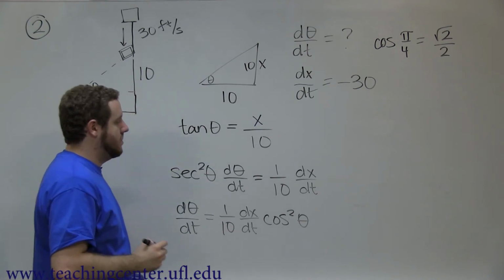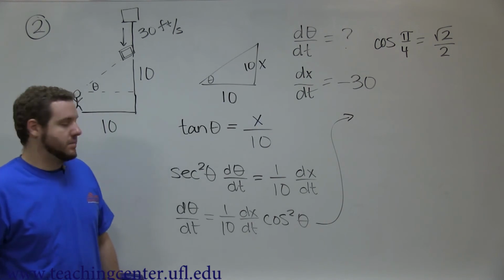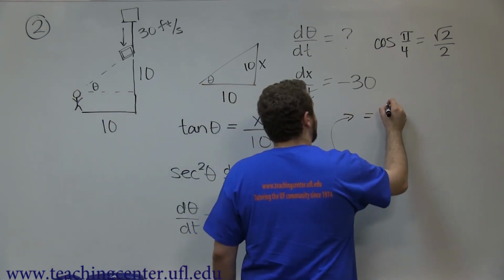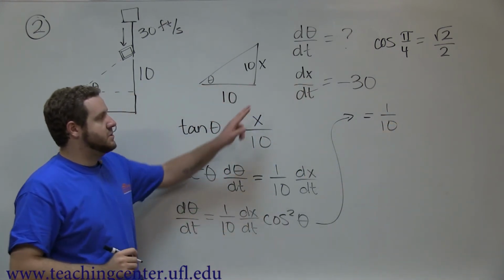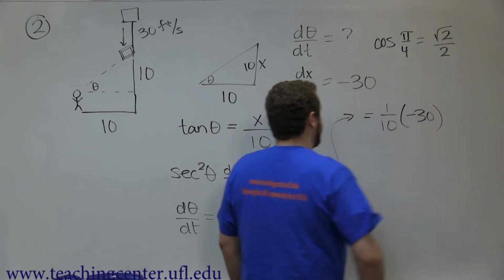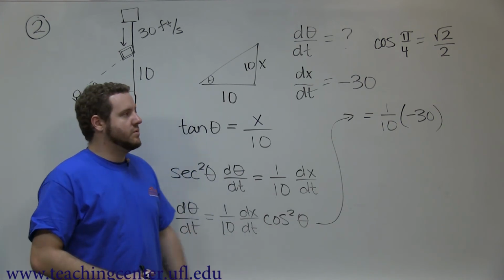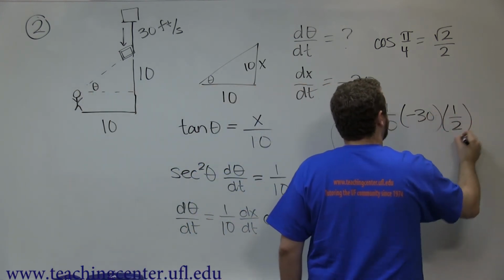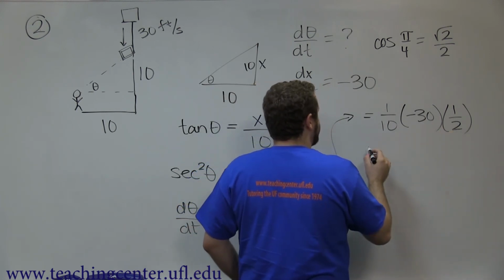So therefore, we can plug in all of our numbers now to answer this problem. So d theta dt is equal to 1/10 times the dx dt, which we said was negative 30, times cosine squared of theta, which cosine is root 2 over 2, so cosine squared is 1/2. So we can simplify some things here.